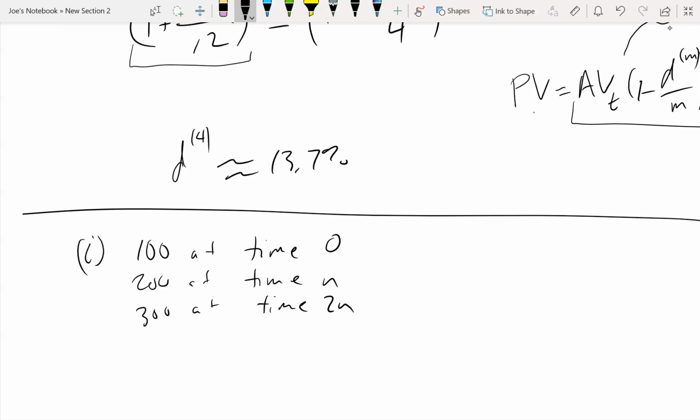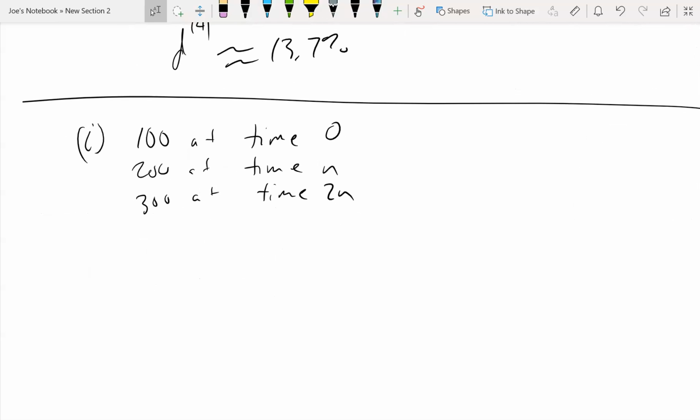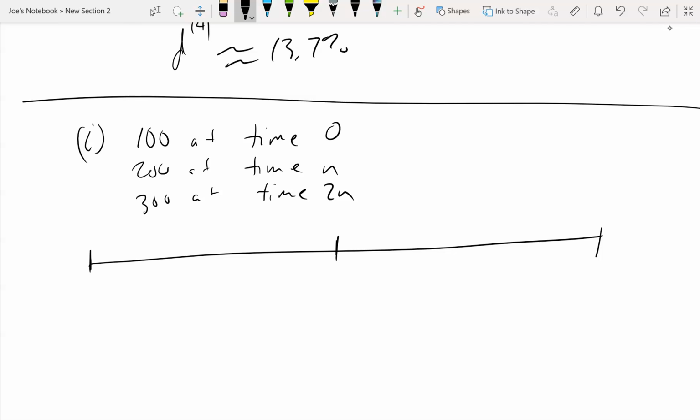So it's asking about present value, and a lot of problems that you deal with are either present value or accumulated value. There are some that ask for values in the middle, but in general, it's present value and accumulated value. All right. We talked a little bit about time diagrams before.